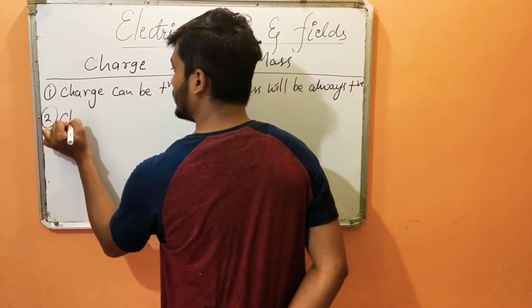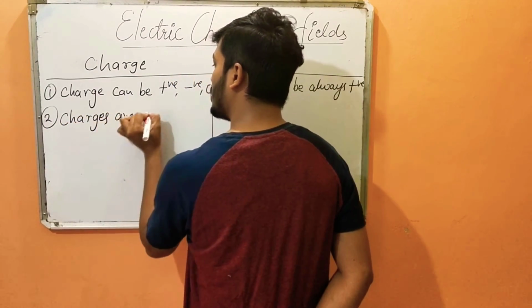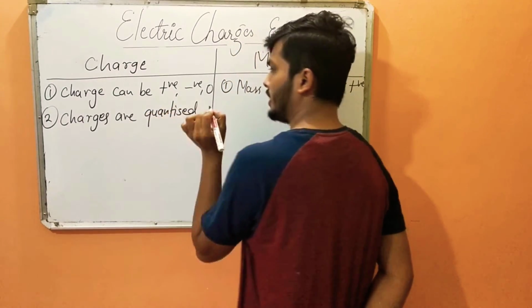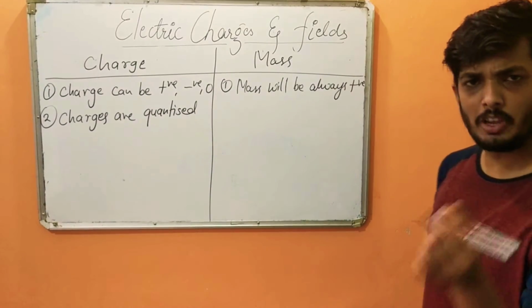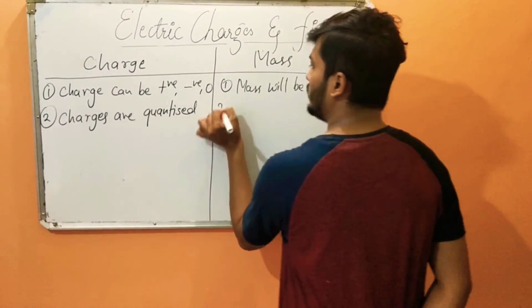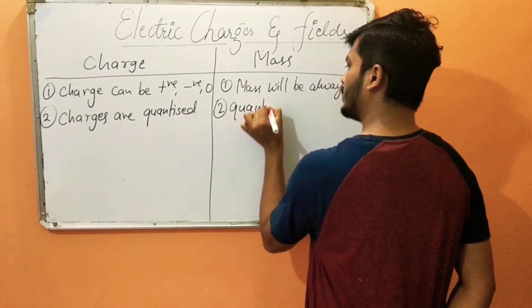Next difference. Charges are quantized. You have seen the quantization property, that it has specific or discrete values, but not a continuous value. Mass: quantization of mass is not yet developed.